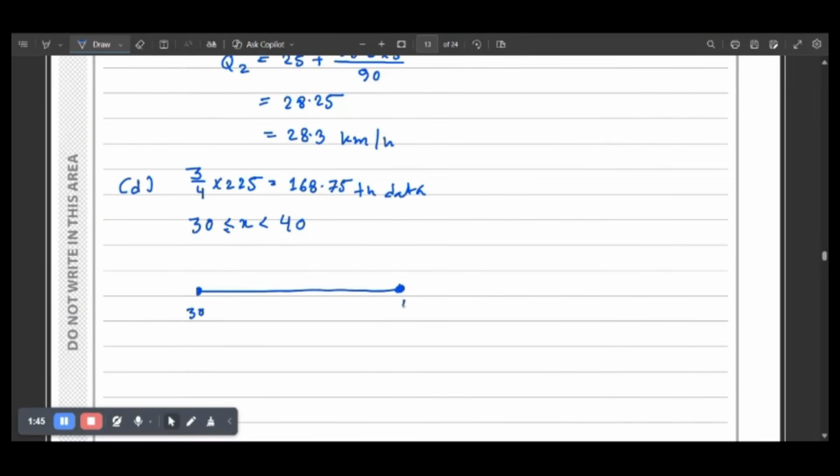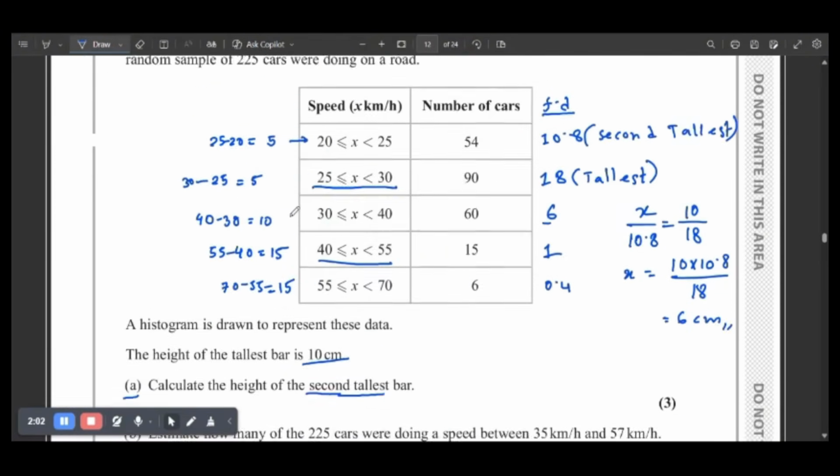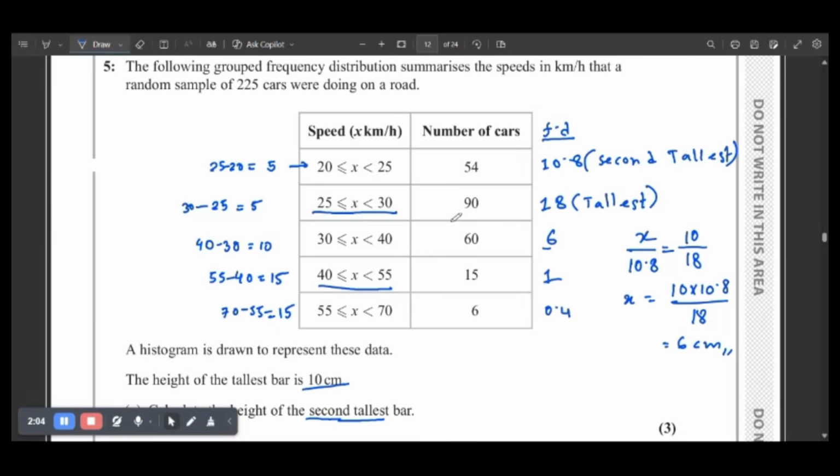So this is 30 and this is 40, and the frequencies for them are 144 and 204.